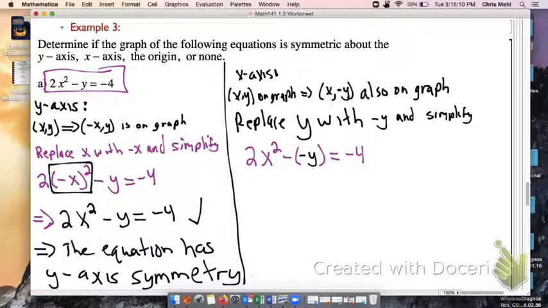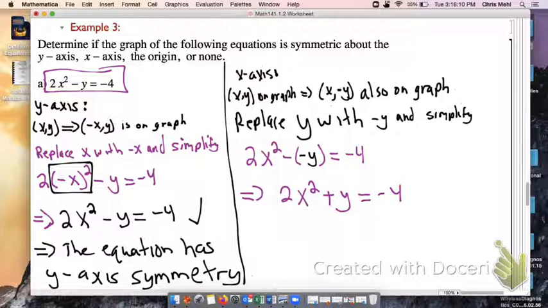So I took the original equation, which represents a graph, and for the graph to have x-axis symmetry, I replace y with minus y. Now I simplify: subtracting a negative y becomes plus y equals negative 4.